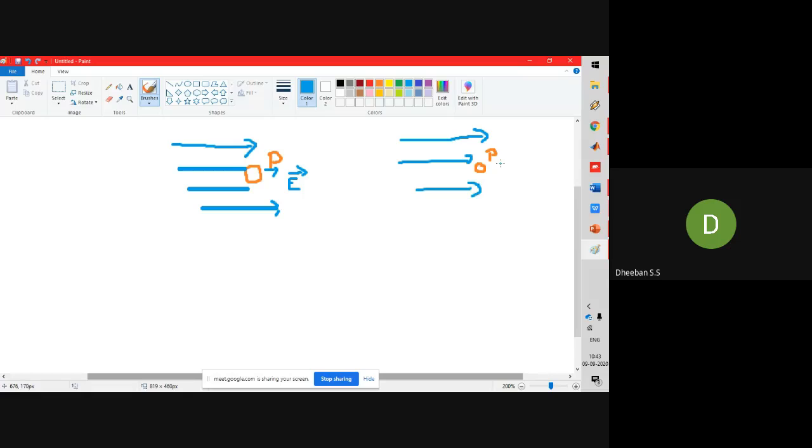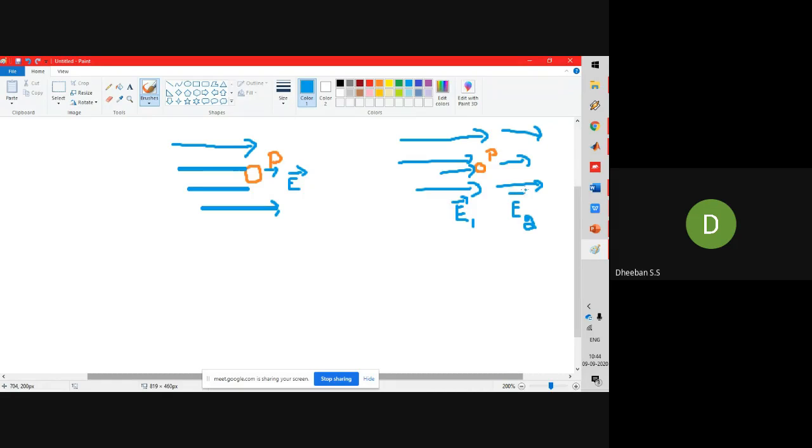That is, the point charge will be subjected to electric field E1 at this surface, before the point charge P, and after the point charge P, it will be subjected to an electric field E2.